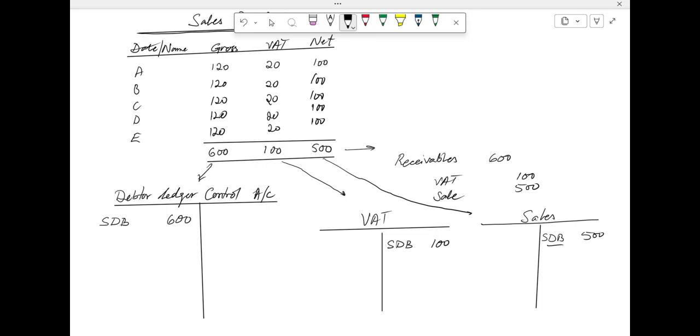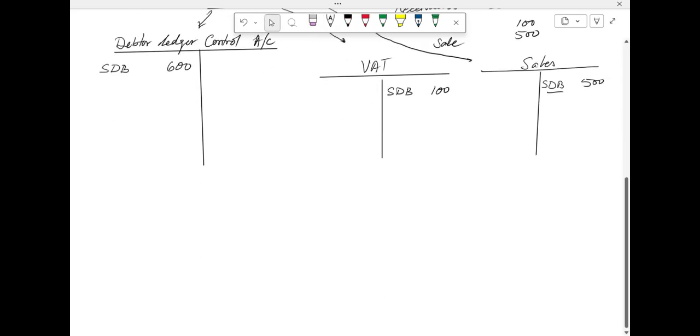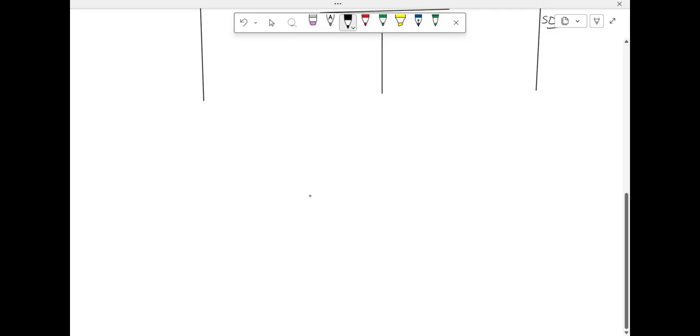Now we need to record the breakdown of the 600. And the breakdown of the 600 will be in the subsidiary ledgers. In the subsidiary ledger, we will have a list of debtors or individual debtor accounts, or you can call it individual receivable accounts.